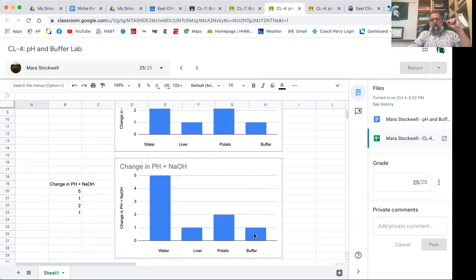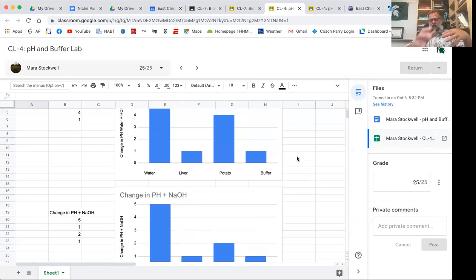Our buffer showed very little change over the course of the investigation. In fact, our buffer didn't work quite as well as it usually does. I can't explain why yet. But normally our buffer has no change. It's not unusual to see a buffer have no change.